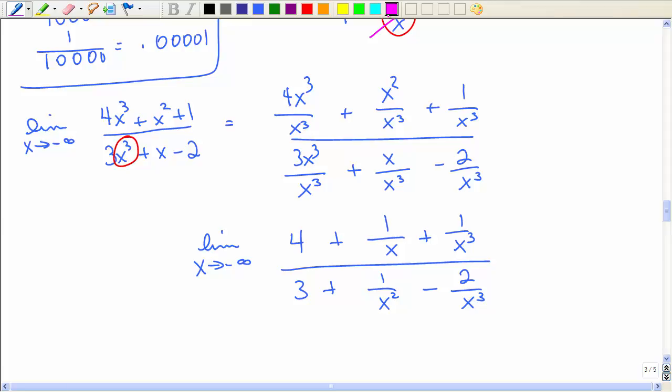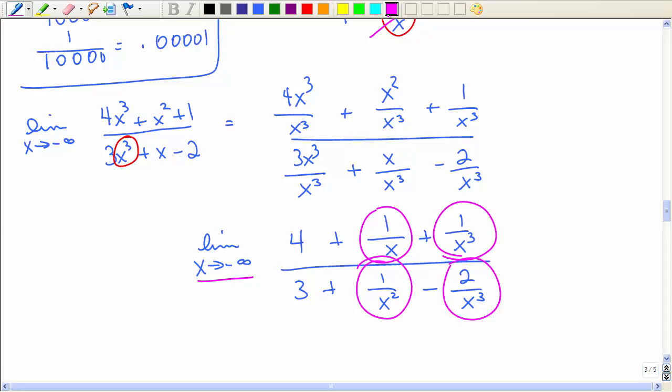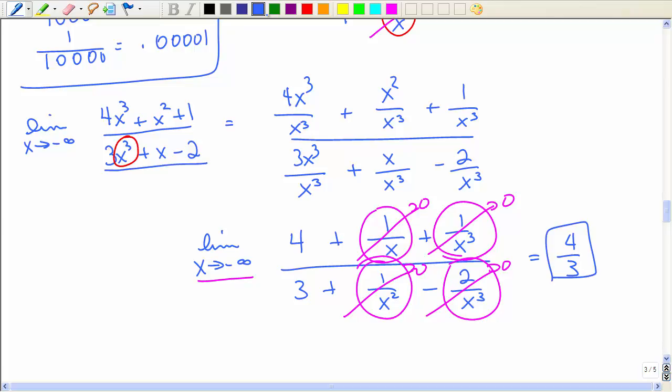And again, as x gets to a very large negative number on the bottom, all of these fractions are going to have a limit of 0. And so what we have left is 4/3. And that would be the limit of this function as x approaches negative infinity.